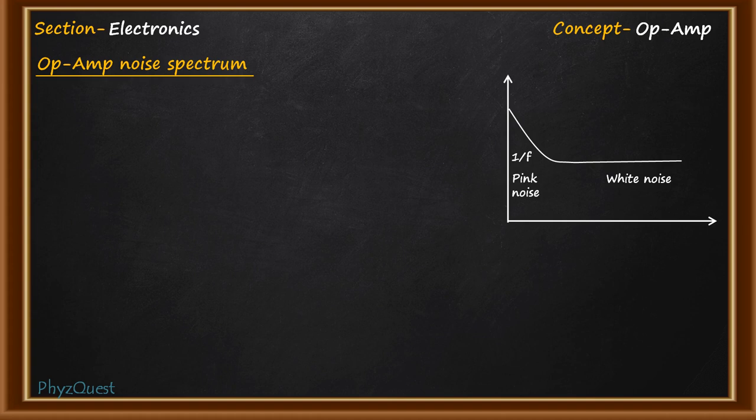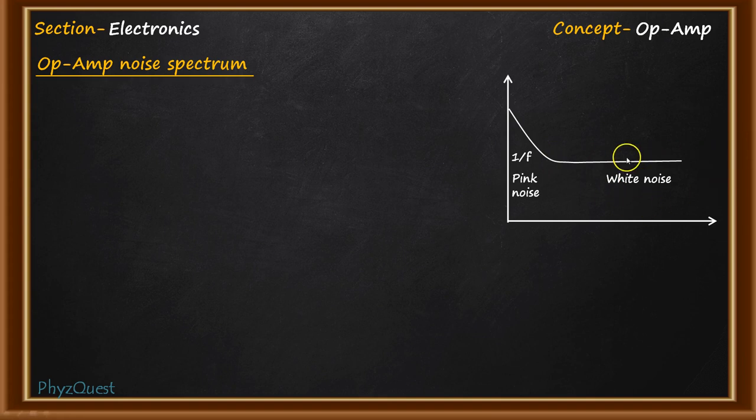The point in the frequency spectrum where the pink noise and the white noise are equal is called the corner frequency. In other words, the frequency at which the noise starts to increase is called the corner frequency.